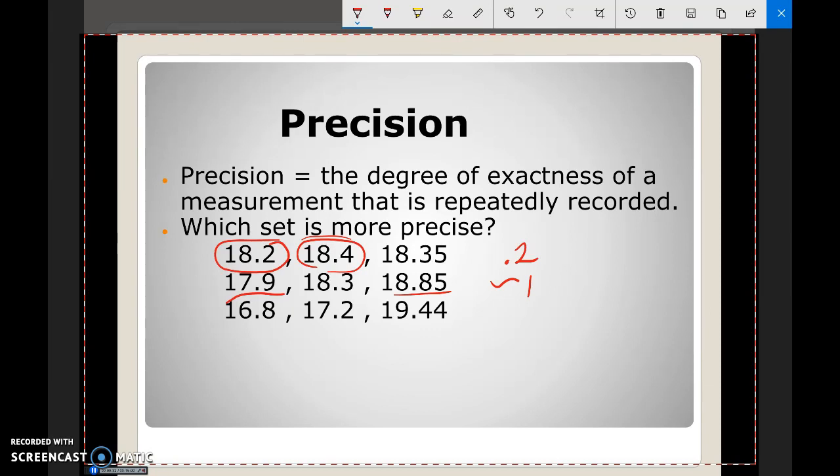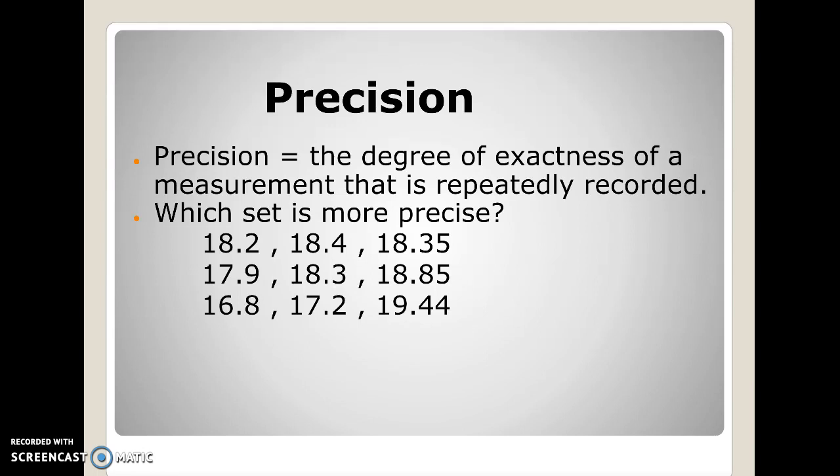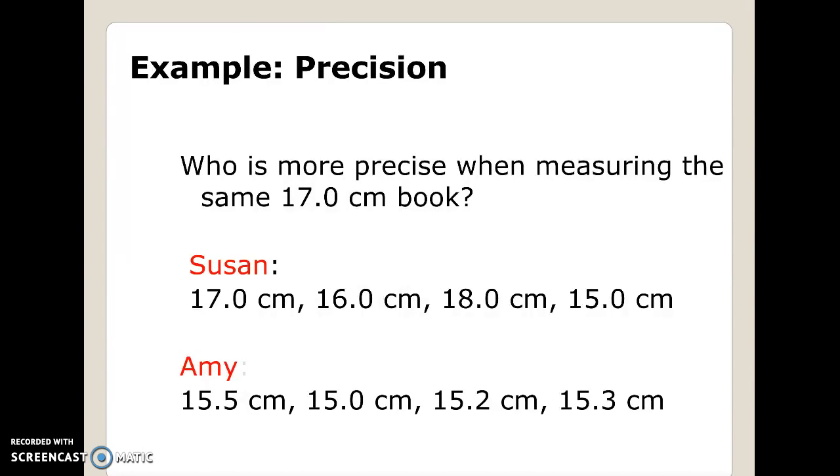And then if you look at the third set, you have 16.8 as the low number and 19.44 as the high number. That's an even larger spread. So if we had to choose which one of these is the most precise, that would be 18.2, 18.4, and 18.35. My star does appear a little low, but it is meant for that first set of numbers.